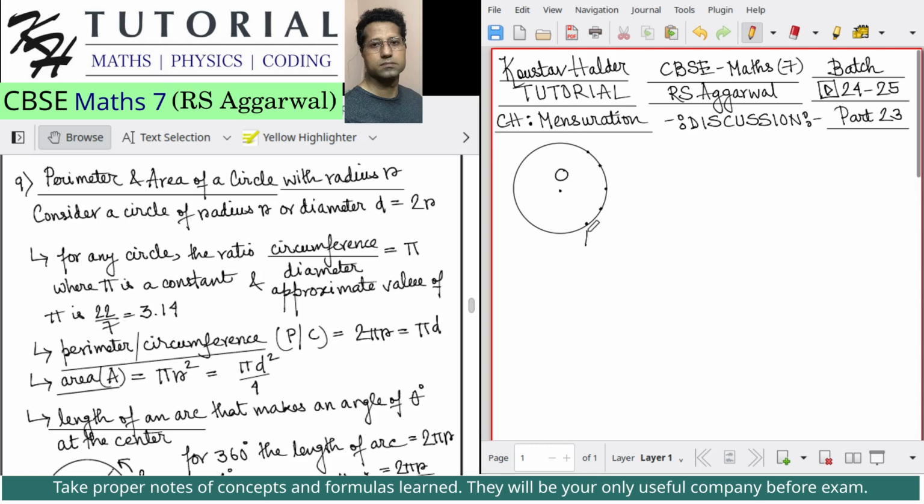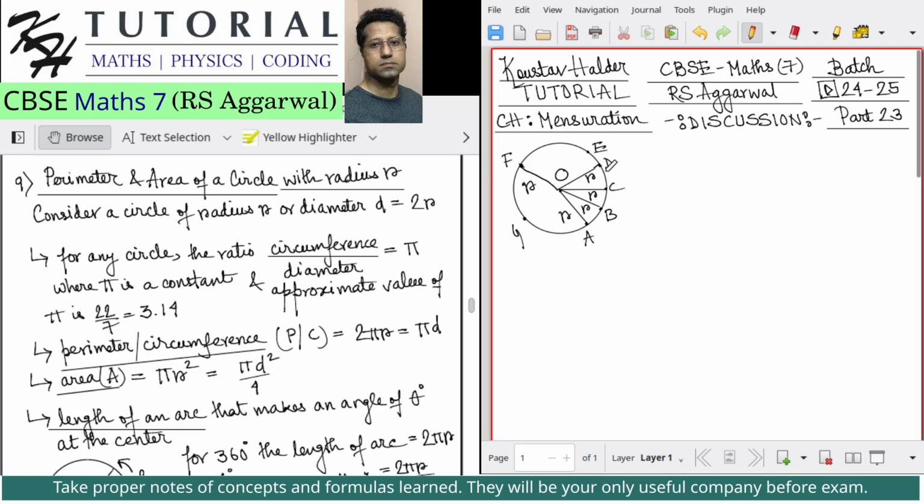So all these points A, B, C, D, E, F, G are at a constant distance from the point O, and that distance is known as the radius of the circle, which is denoted by small r.